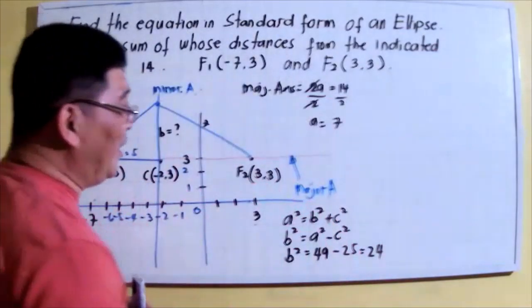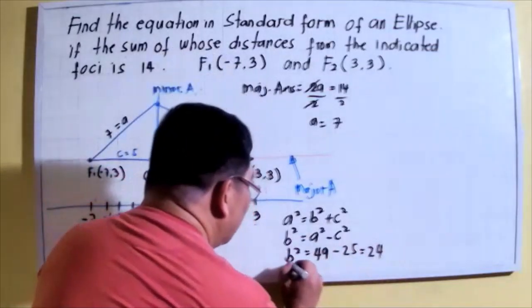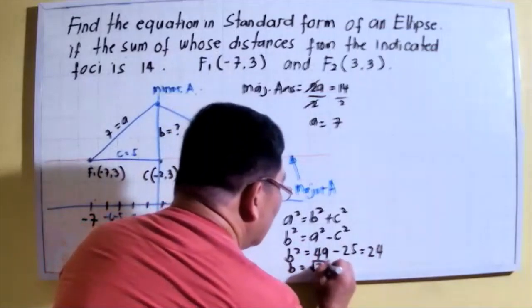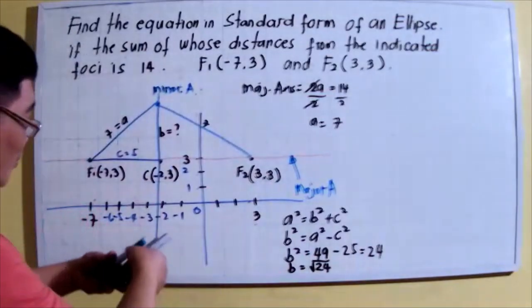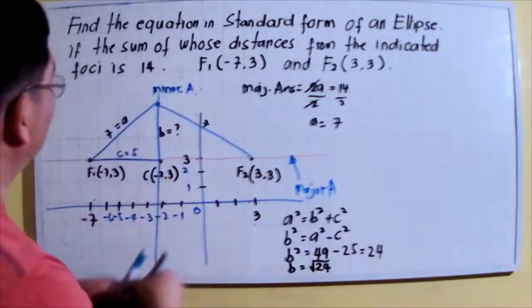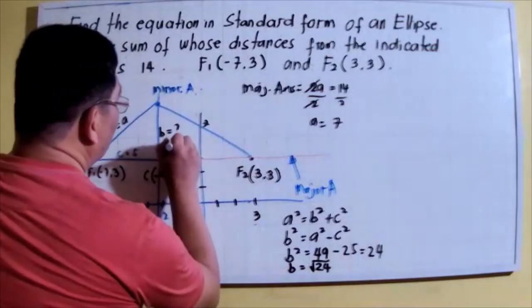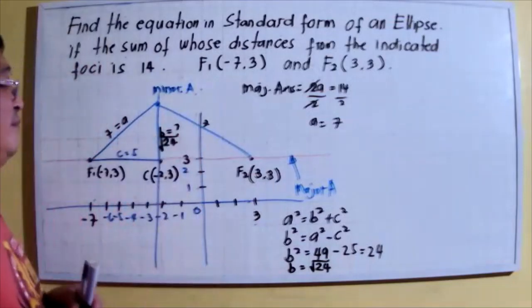Square rooting, b is equal to the square root of 24.